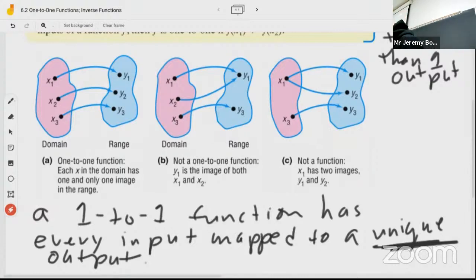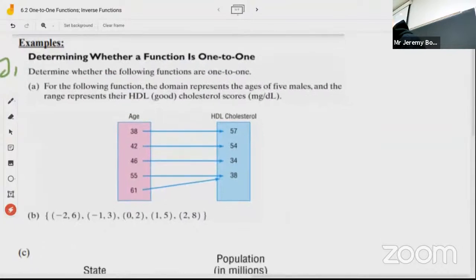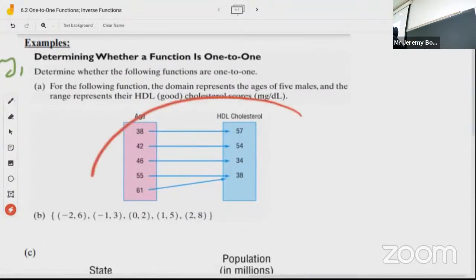All right, so let's look at some examples here. So this is A. It has age and HDL, which is good cholesterol. And so you have their ages mapped to the HDL cholesterol. Is this a function, first off?